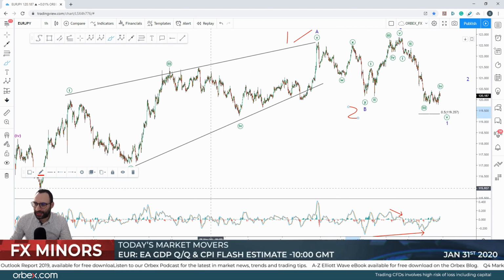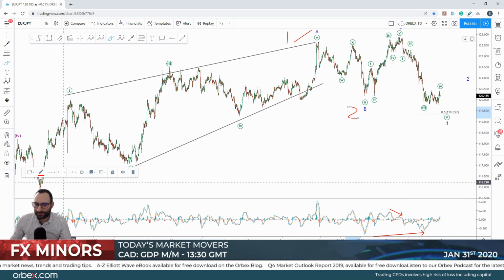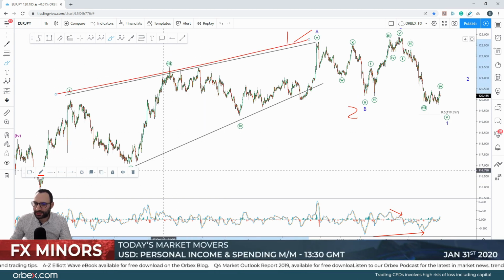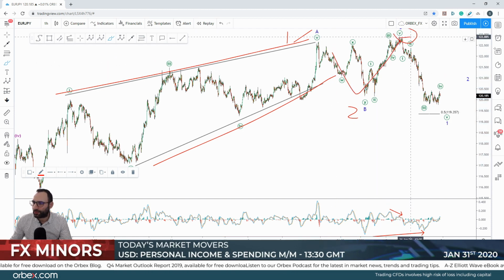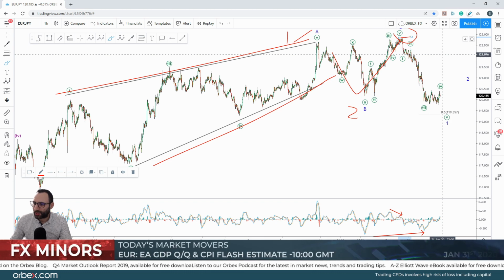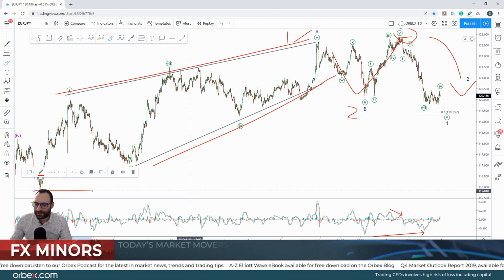However, with the latest flows from the virus coming in, I see yen strengthening further, which makes me think that this is an A, B, and C correction that ended up around 123. And then we started moving to the downside, which means in the longer term at least, if this is the case, then we're going to go below 115.